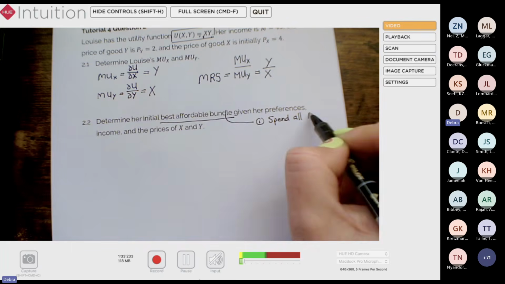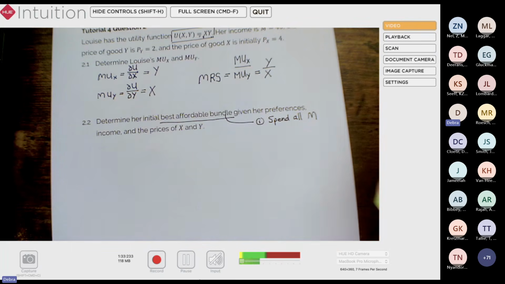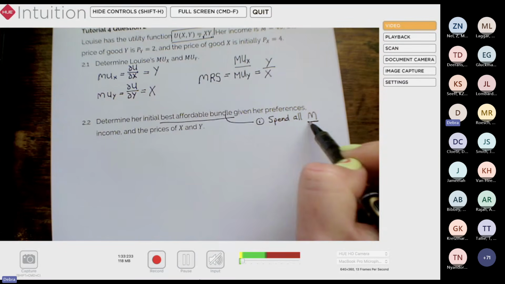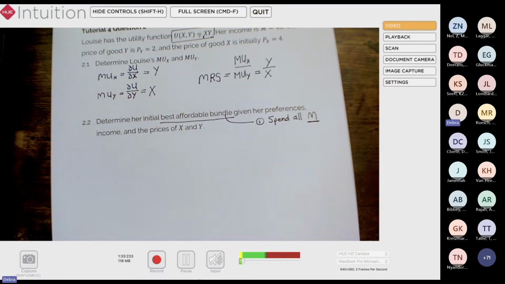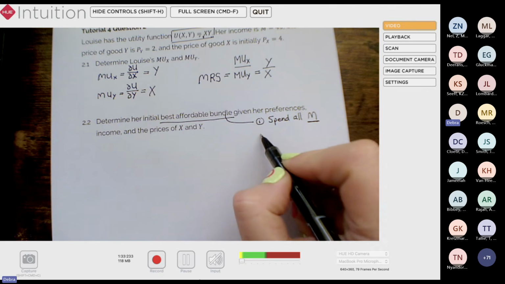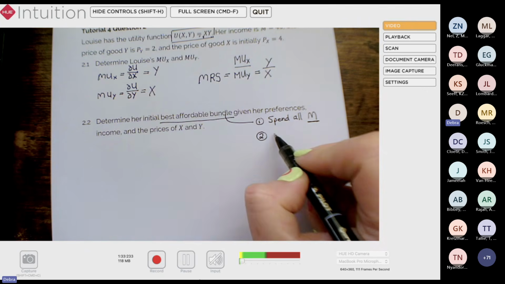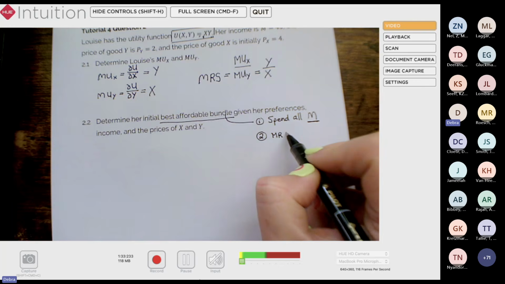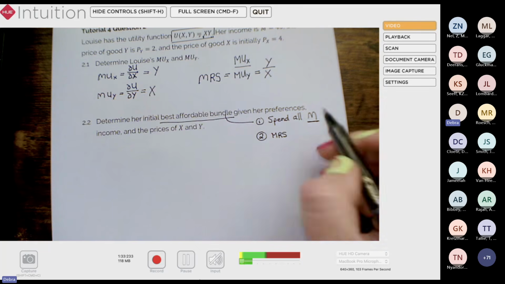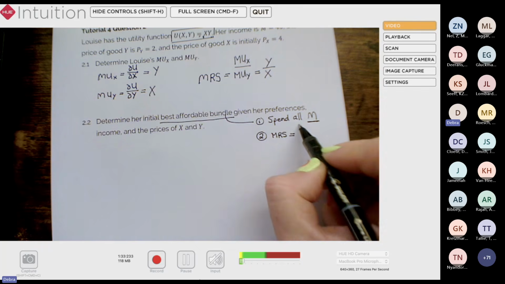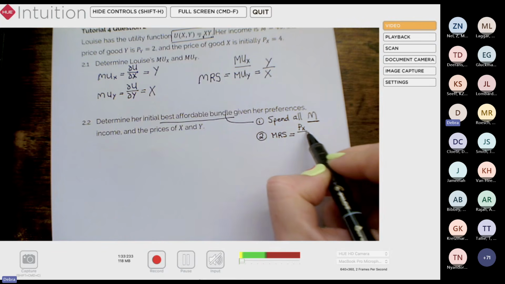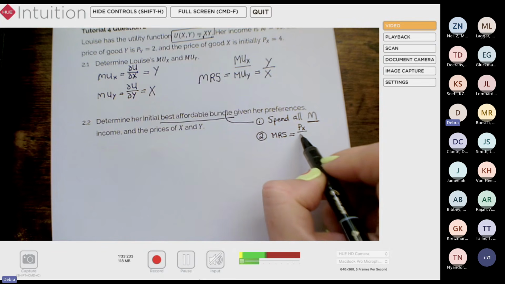In other words, whatever combination of X and Y you consume has to exhaust all your income. You have to be on your budget constraint. The second condition is that your marginal rate of substitution, the slope of the indifference curve, must be equal to the slope of the budget constraint, Px over Py. In other words, we're looking for a point of tangency.